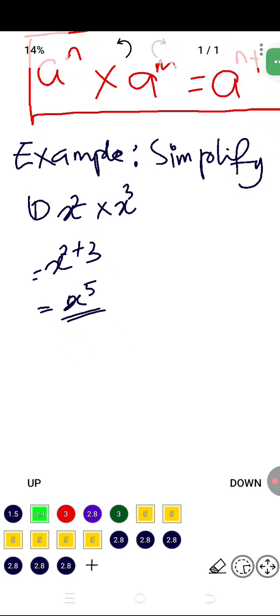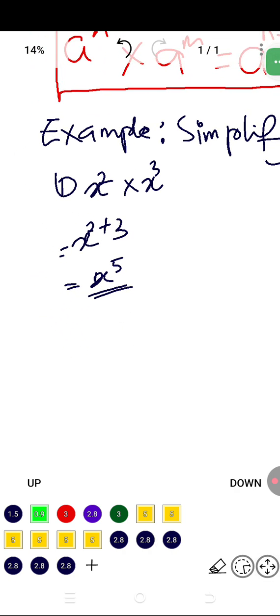Now, let's assume that we want to solve this one normally without the law of indices: x raised to power 2 times x raised to power 3.